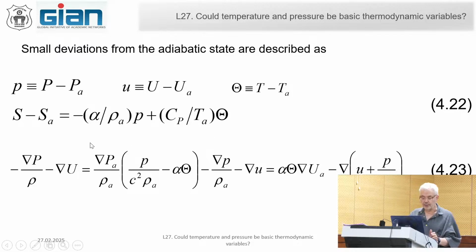First of all, we could consider the hydrostatic equilibrium, like it's written here. Then we expand in thermodynamic variables, where we're trying to prove that we could use the equation with the temperature and pressure as basic thermodynamic variables.